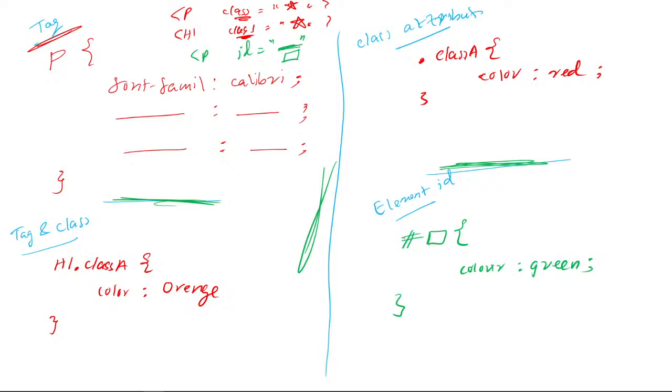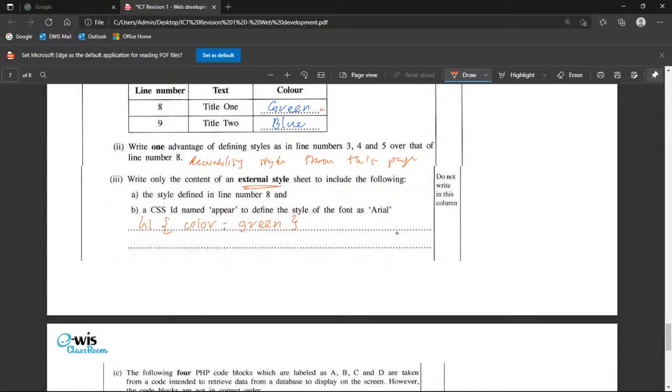So if we have to define a CSS ID named appear, to define the style of the font as Arial, we have to make sure that appear is the ID, mentioned with the hash, and then font-family: Arial.